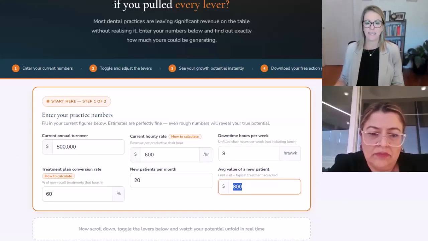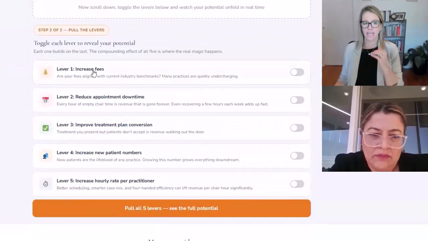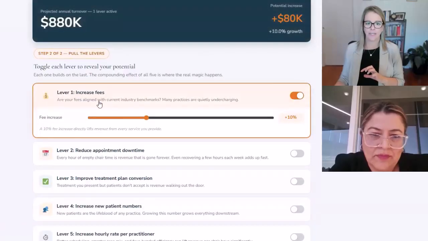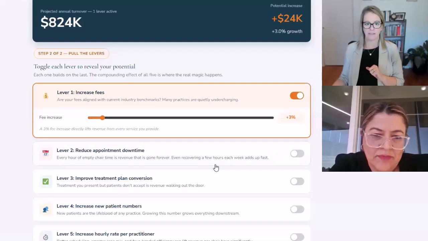Once you put all of this information into the calculator, then you go down into step 2, where you start pulling the levers. And if you are listening to this on the podcast, we really encourage you to go to the actual link so you can play around with this calculator yourself. And so we're first of all going to increase the fees by 3%.